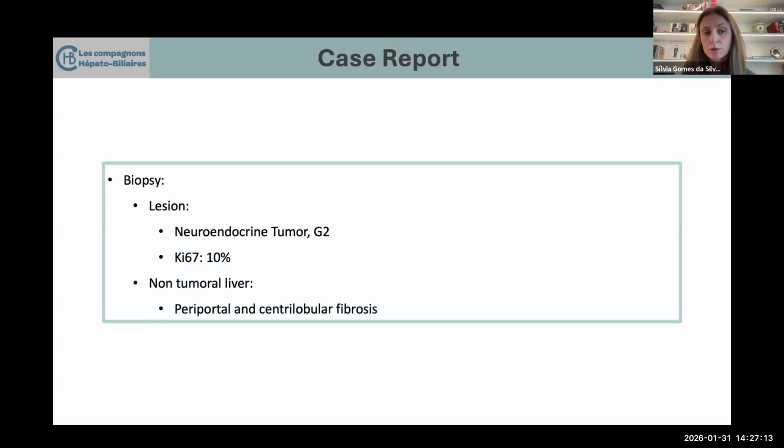Okay. So they performed, this was at the beginning at the other hospital. And yes, they performed a biopsy, and we have a NET tumor, G2, with Ki67 of 10%. And they performed also a non-tumoral liver biopsy with no hepatic disease, only mild fibrosis.